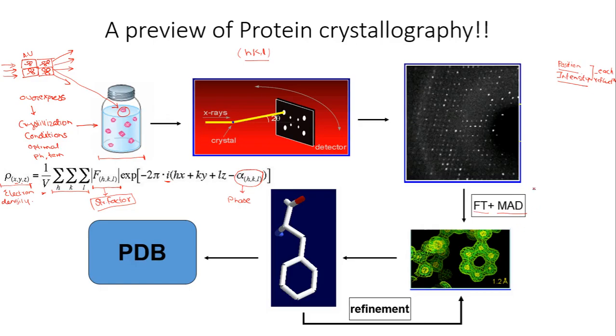Well, let us not go into more detail on these things. It is enough to understand that in order to obtain the electron density map, you should know the structure factor and the phase information. If you have these two in hand, you can generate the electron density for the given crystal, or the given set of atoms.